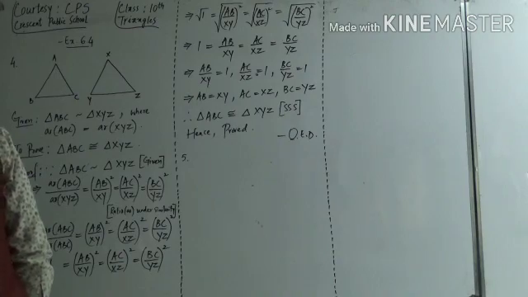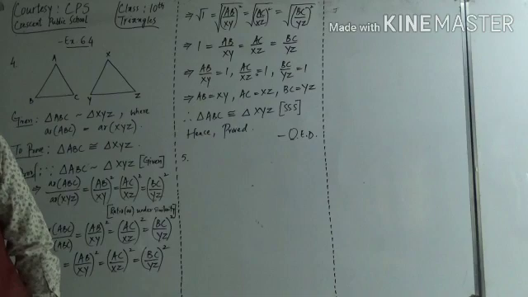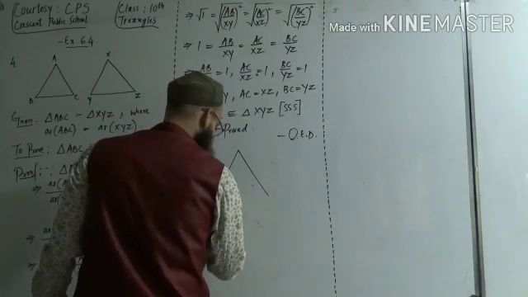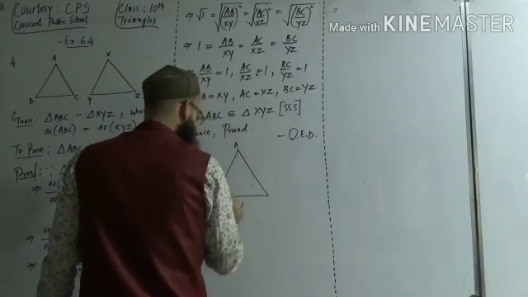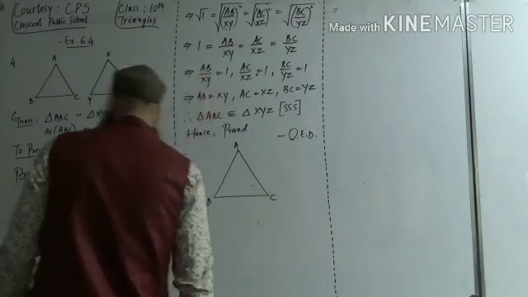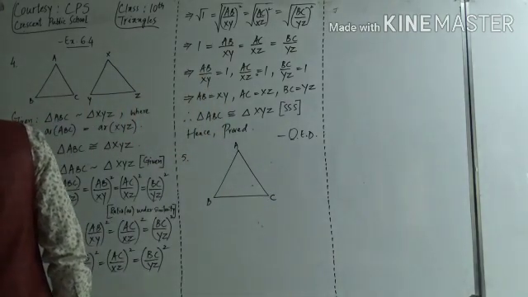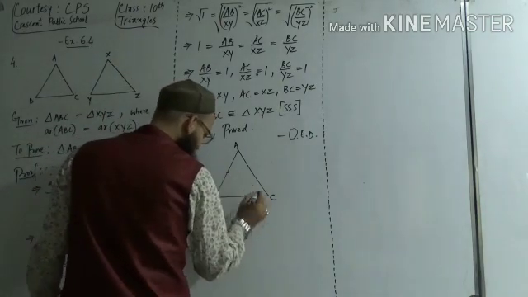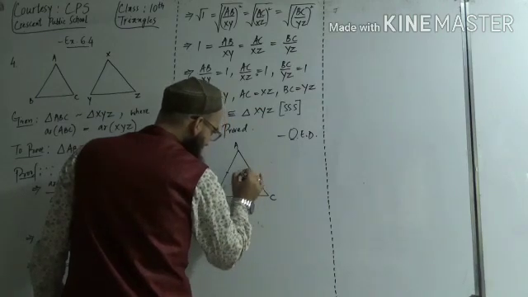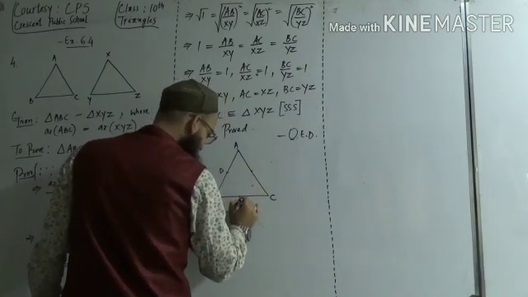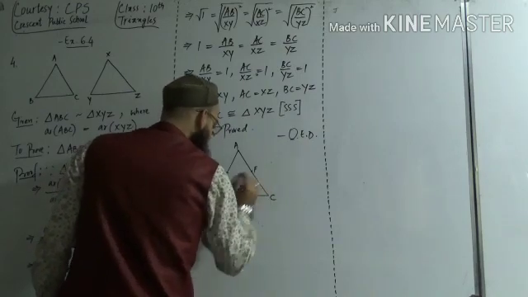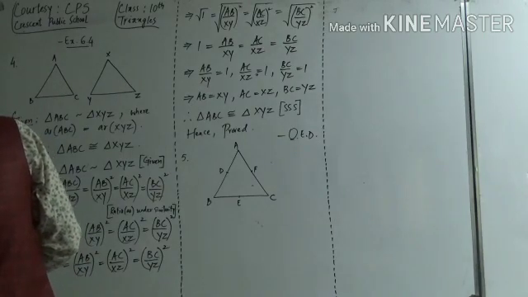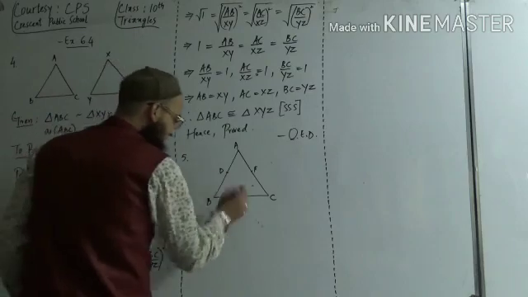So I have a triangle ABC, where D, E and F are midpoints of AB, BC and CA.